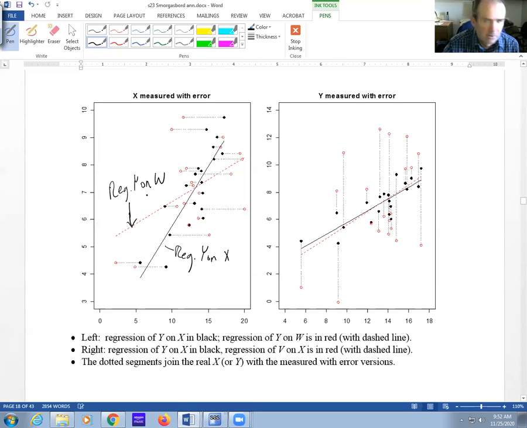You can see that there's an attenuation like I talked about. If we use a measured-with-error version of X, we see the attenuation. In other words, a flattening of the slope of the line.